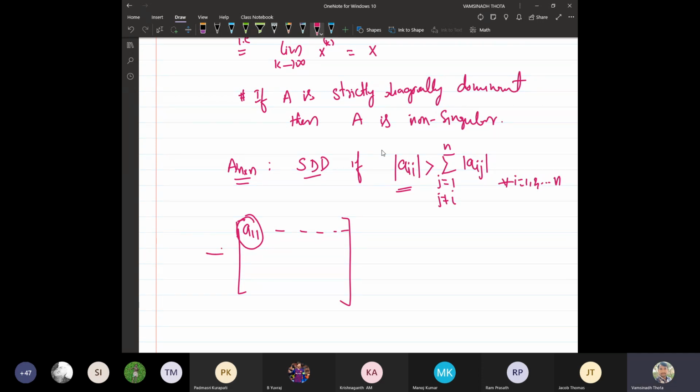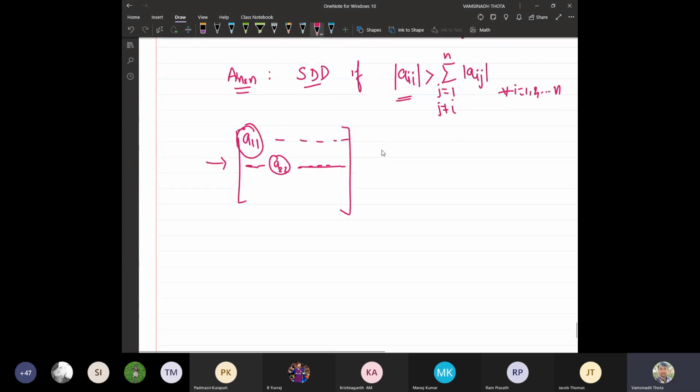For example, for the second row, the diagonal element is a_22, and its modulus should be strictly bigger than the sum of the remaining non-diagonal elements in that row. And it should happen for all the rows.